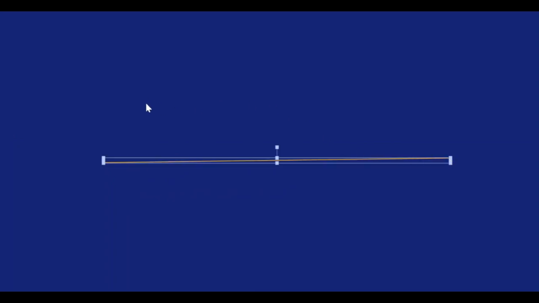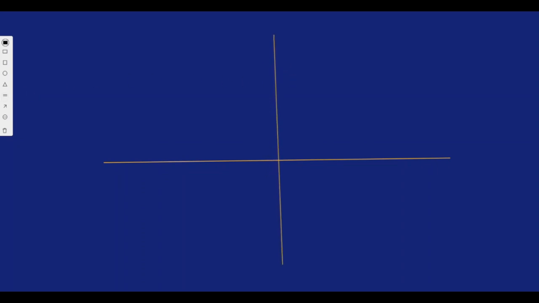So let's say this is our horizontal axis, and if this is the vertical axis. So labeling the intercepts, let's assume x is equal to 3 is somewhere here.